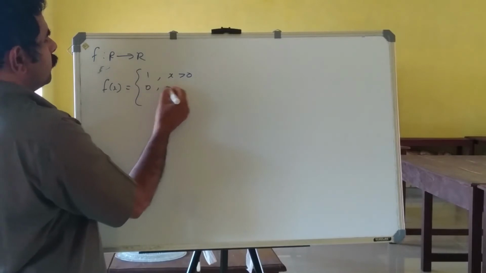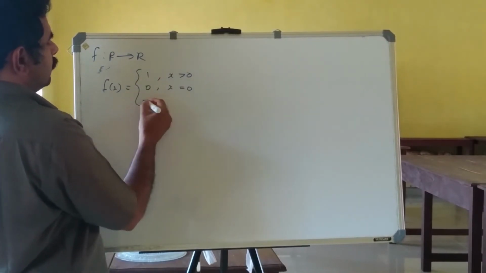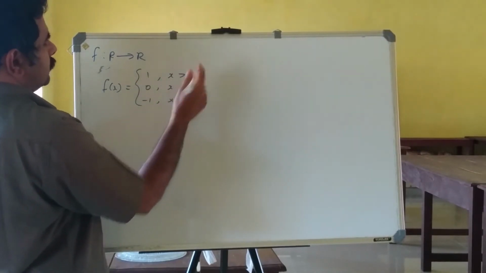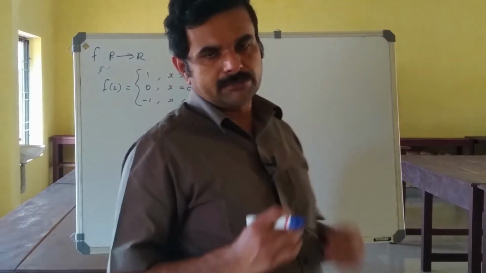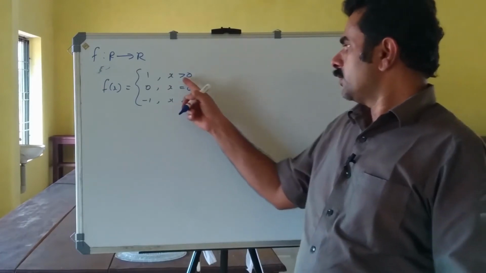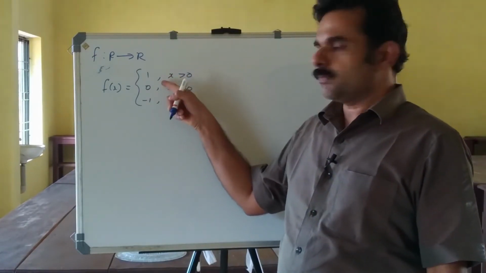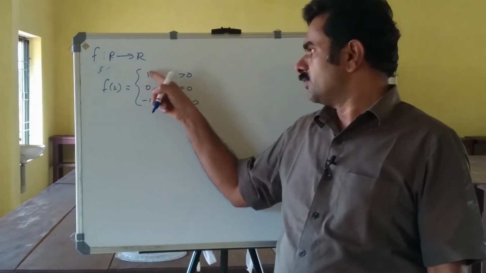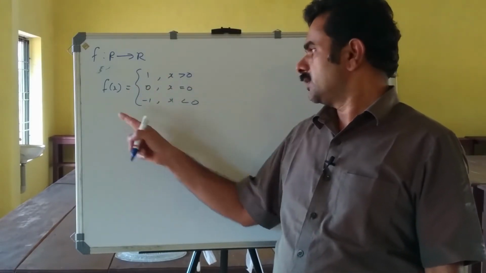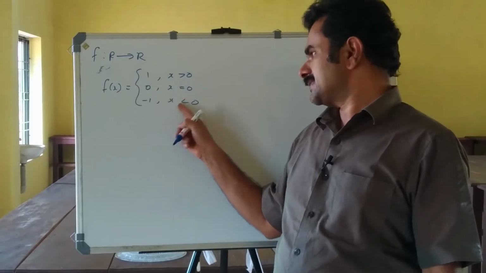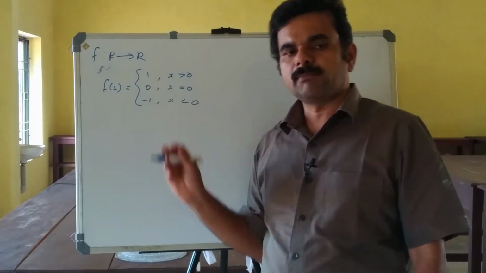And it is 0 for x equal to 0, and minus 1 for x less than 0. So the graph of f(x) is split into three parts. For x values greater than 0, the graph shows the value 1. For x equal to 0, the value is 0. For x less than 0, the value is minus 1.